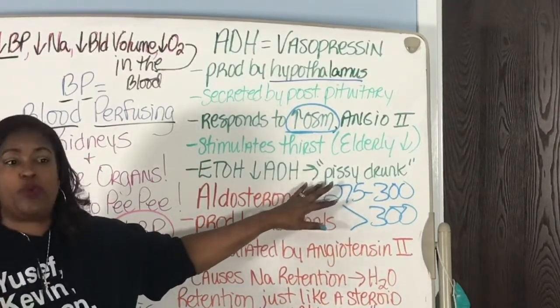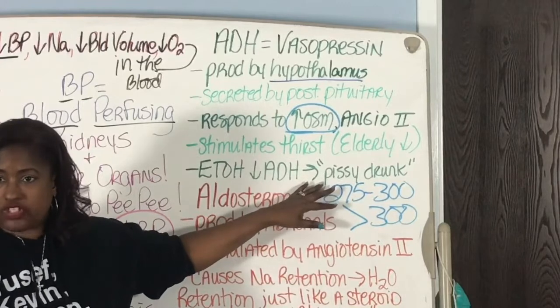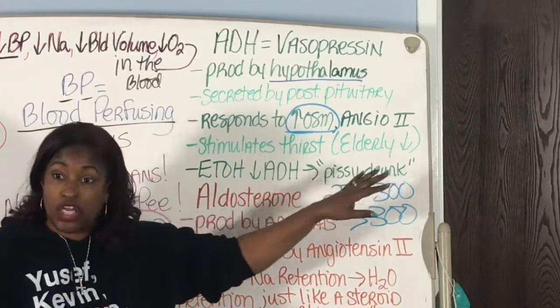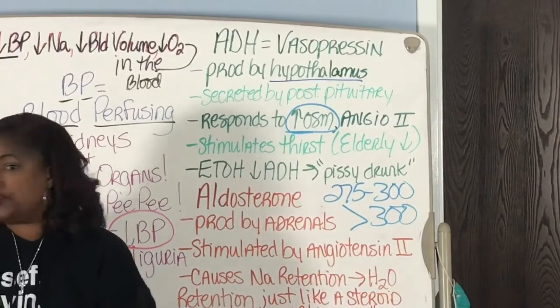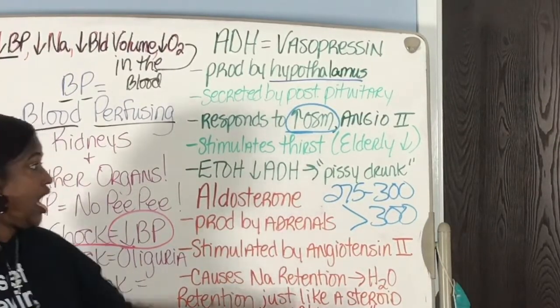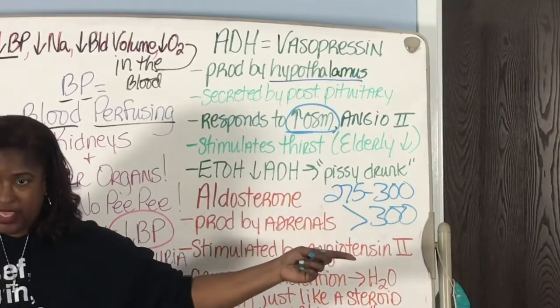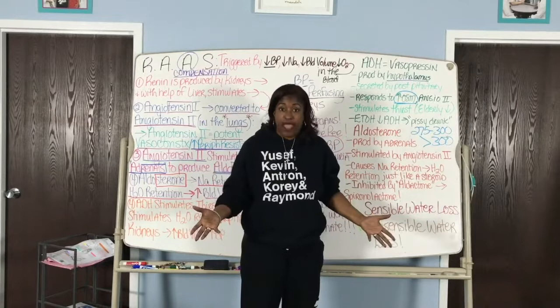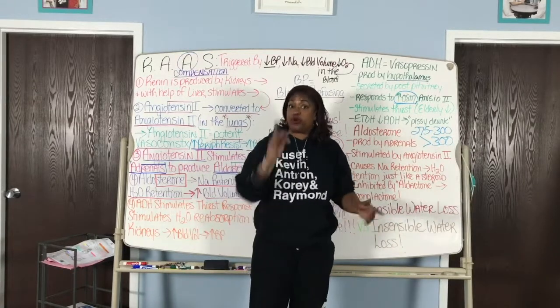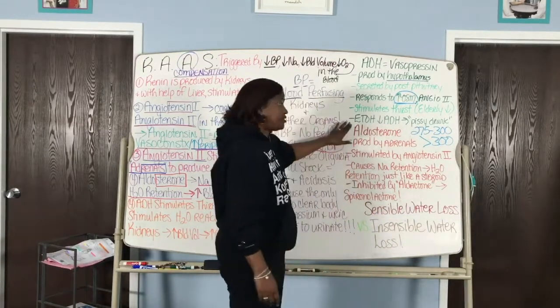I don't do it, but what have you heard? Pissy drunk. If you know a real drunk or alcoholic, they've always peed their pants because they pee constantly. And when they're drunk, they don't wake up to go to the bathroom. They're in a drunken stupor. You know that. So that's the deal.